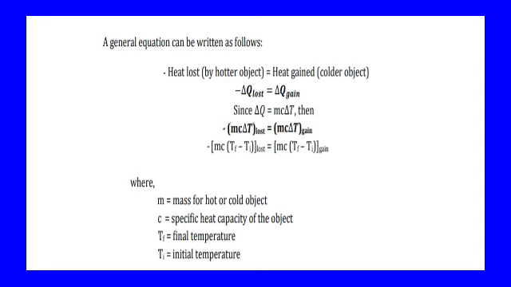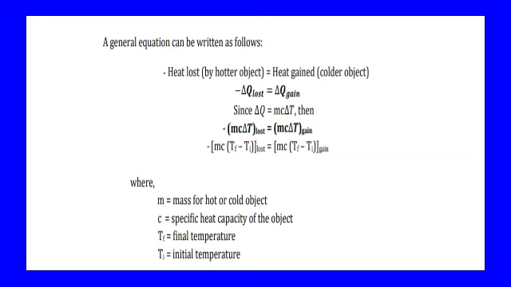A general equation can be written as follows. Negative heat lost by the hotter object is equal to heat gain of the colder object, or negative ΔQ lost is equal to ΔQ gain.